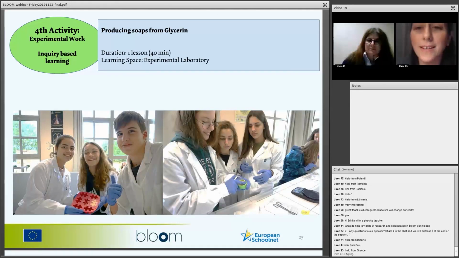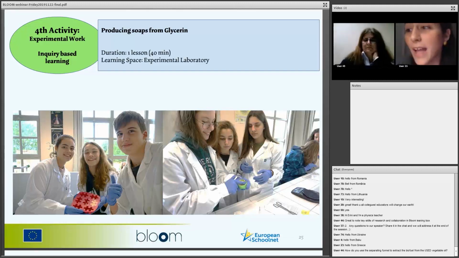After that, we went on to the fourth experimental laboratory work, which was to produce our soaps. I have to mention that in our first experiment, we produced our biodiesel using used vegetable cooking oil, adding methanol and potassium hydroxide.